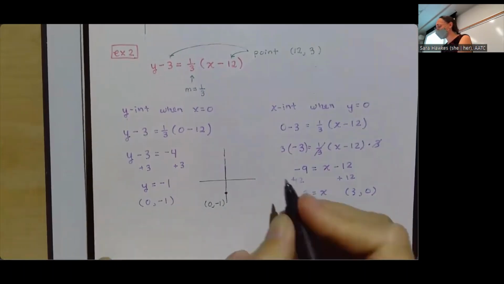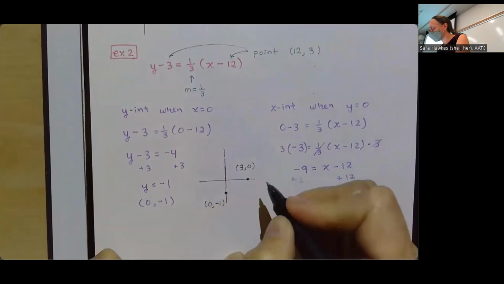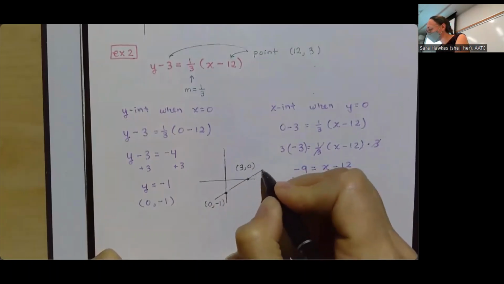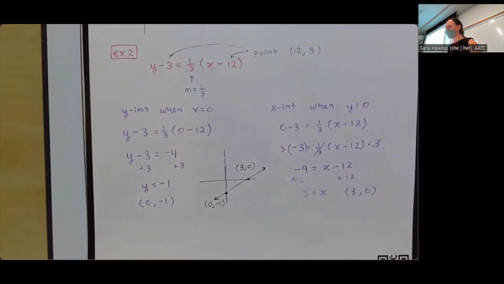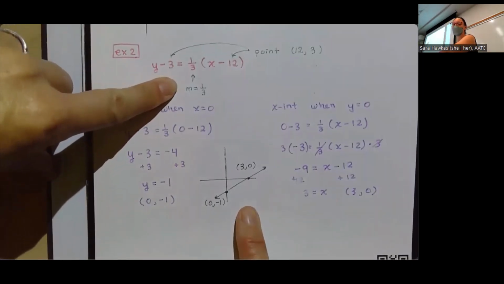And then my X-intercept should be over here at (3, 0). And I'm going to go ahead and draw my line in and ask myself, hey, does it look like I have a positive slope, because we were expecting a positive slope? Yep.